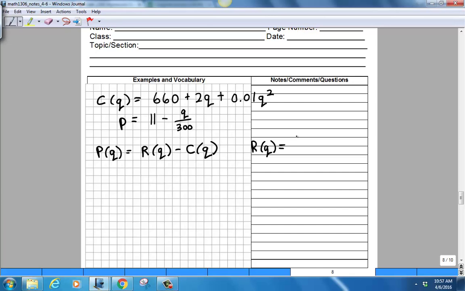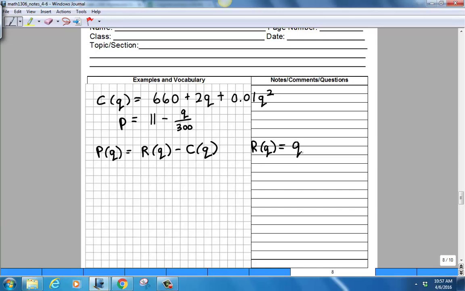Okay, look, at its most basic level, the way you determine revenue is you take the amount of an item you sell, that's the demand, right? And how are we representing demand in all these formulas? Q, the amount we can sell.